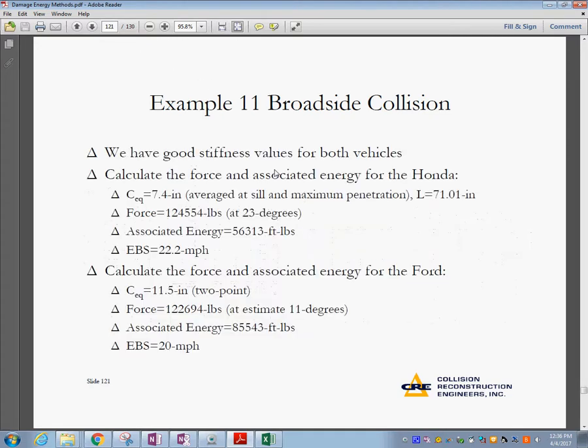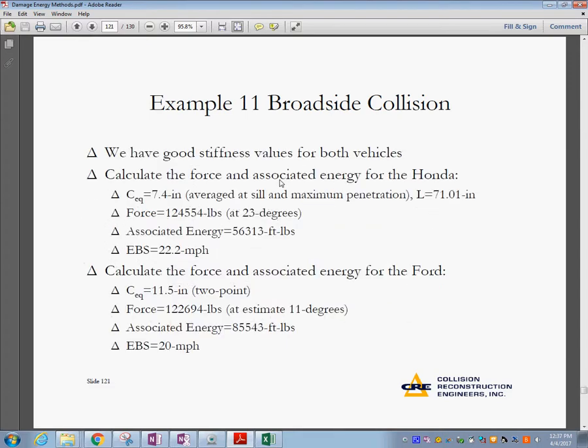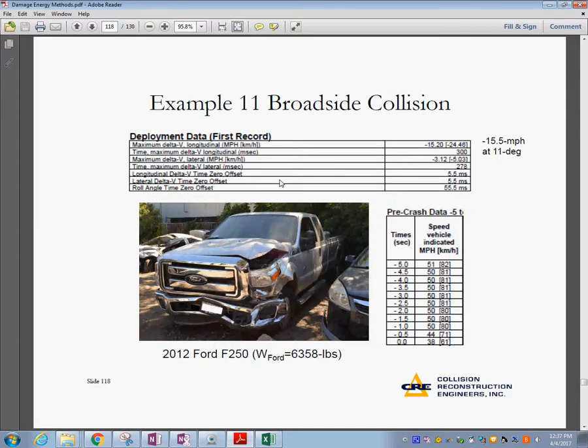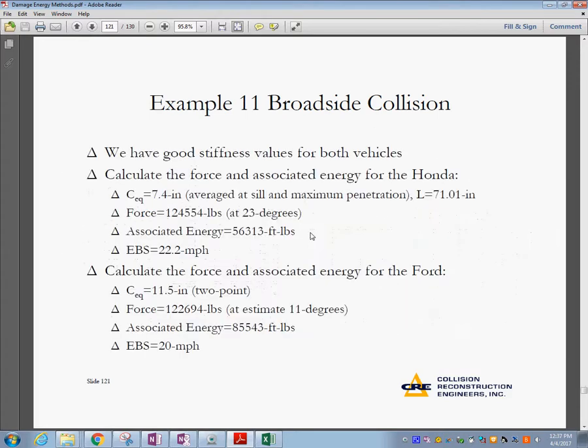So we're going to look for the broadside collision, and you're given the data here like this. We have good stiffness values for both vehicles. Let's see. So this is the other vehicle, and on the measurements, you see how much crash it has into it.